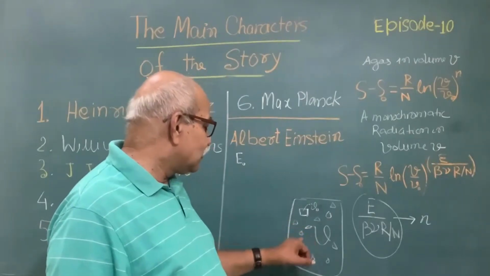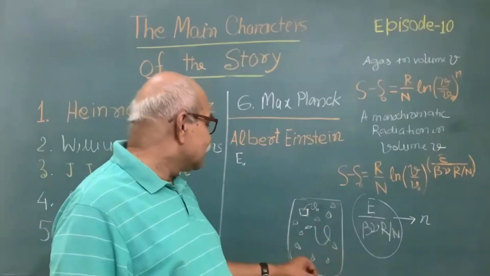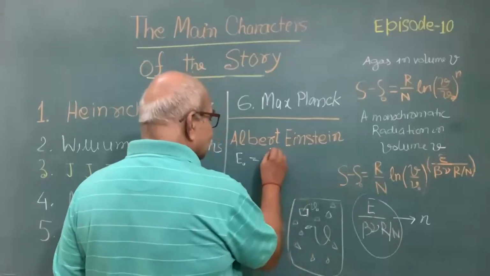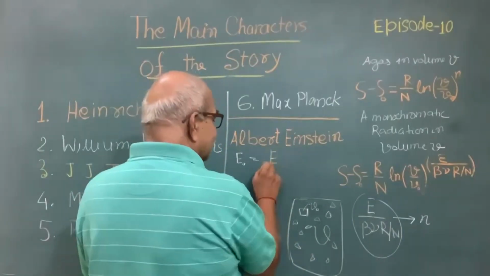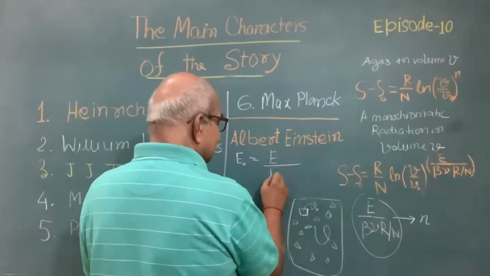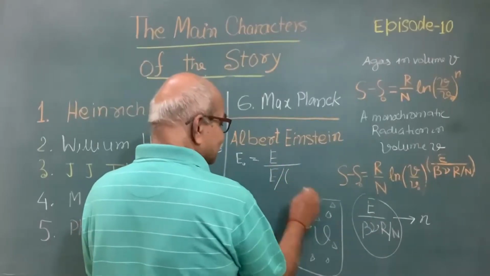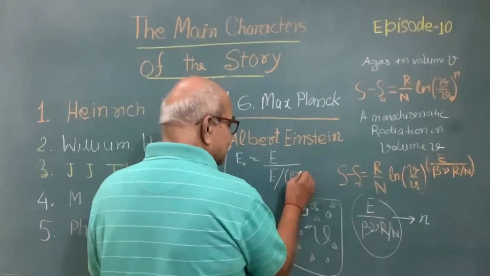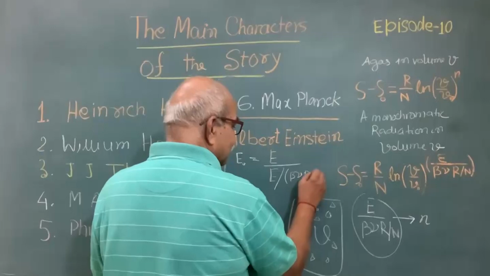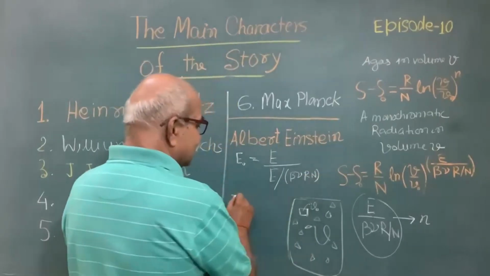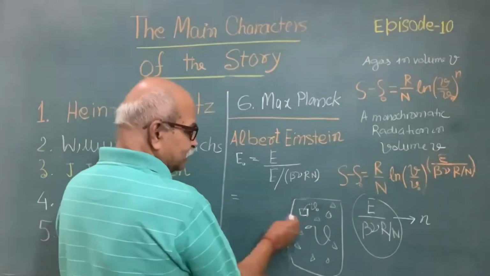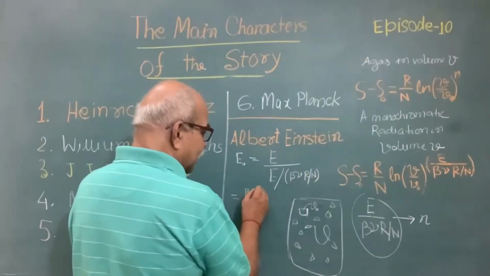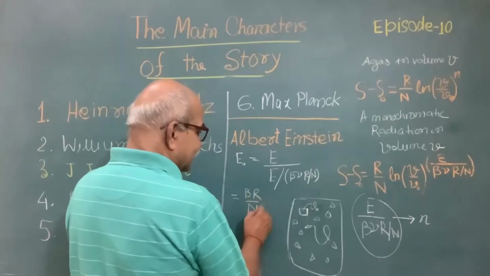Assuming that all these have the same energy, this energy will be equal to the total energy E divided by this whole thing, E by beta nu R by N, and that is just beta R by N, and then nu.